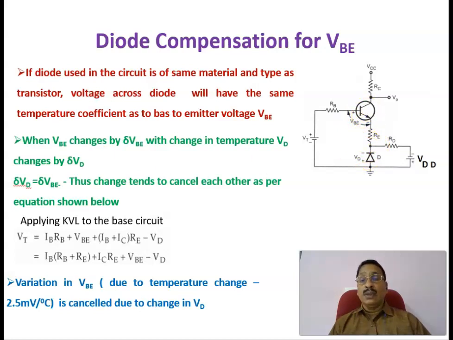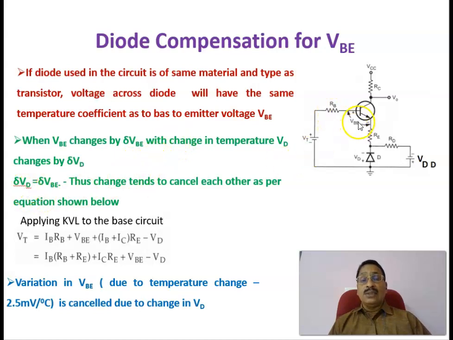Therefore, when VBE changes by an amount delta VBE with change in temperature, the voltage across the diode, marked as VD, will be changing by delta VD because of the change in temperature.